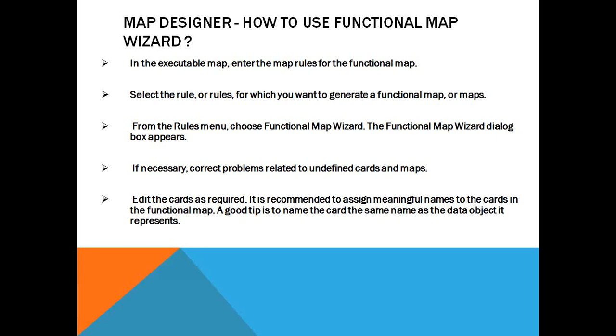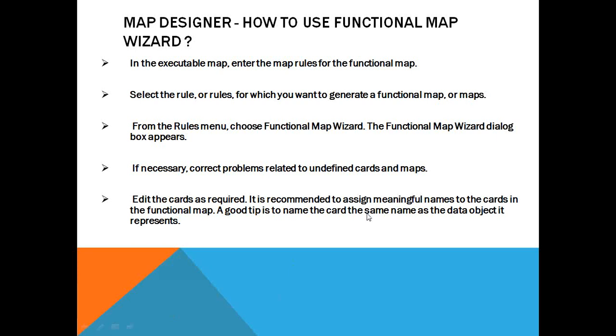Similarly, if your output is X12 270, you have to give X12 underscore 270. So basically, you have to give the meaningful name, not only for main map, even for the functional maps also. Always, a good tip is to use the card names as the same data object.